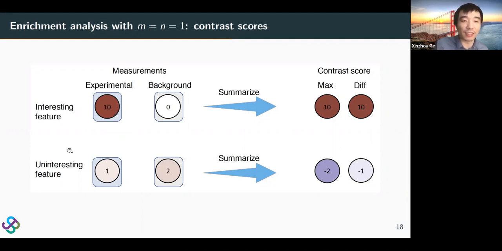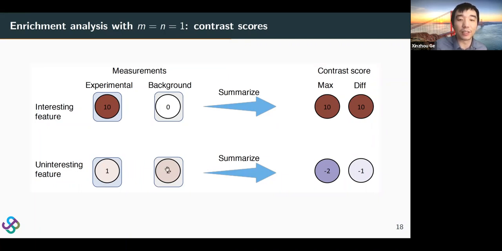And if we look at another uninteresting feature with two measurements, 1 and 2, the difference contrast score is 1 minus 2 equal to negative 1. And for the maximum contrast score, first we look at the maximum of the two values. The maximum is 2, and then we decide the sign.